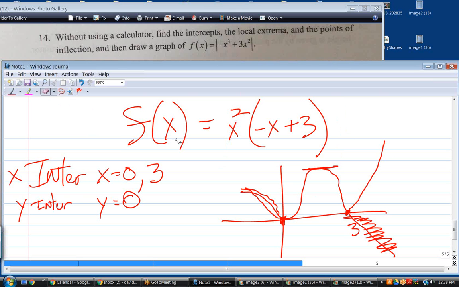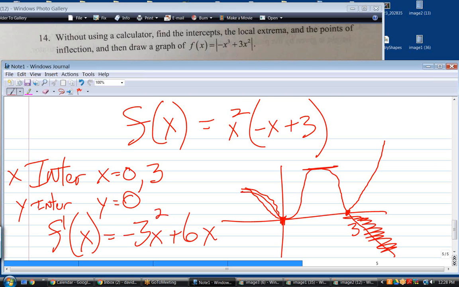Okay, so all I need to do is take f prime and set it equal to 0. So f prime of x is what? Let's see, that looks like it must be minus 3x squared plus 6x. Did I do that right?